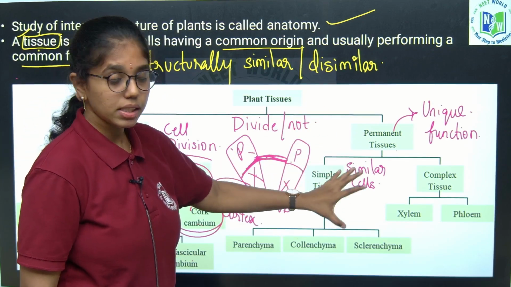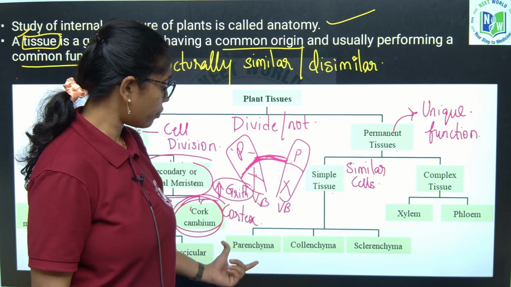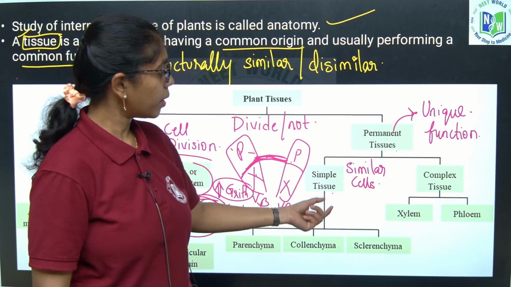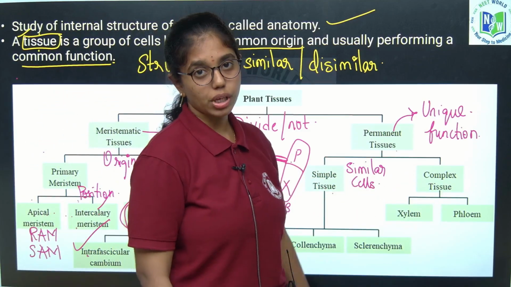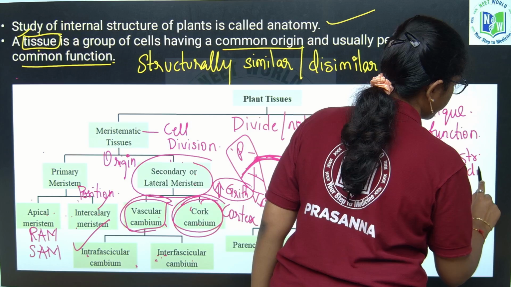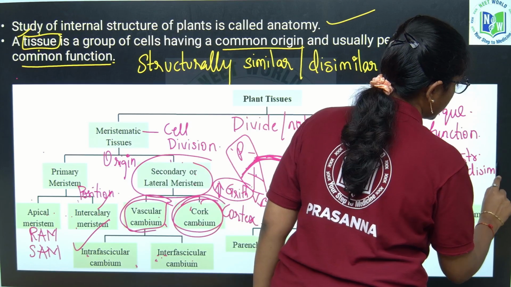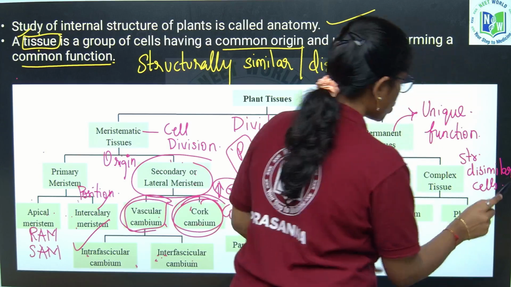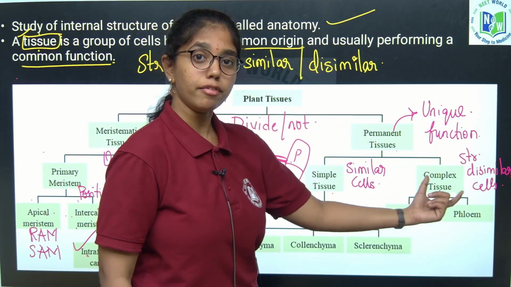Those tissues are of three types: parenchyma, collenchyma and sclerenchyma. Clear? Complex permanent tissues are formed by structurally dissimilar cells. They are of two types again, xylem and phloem.